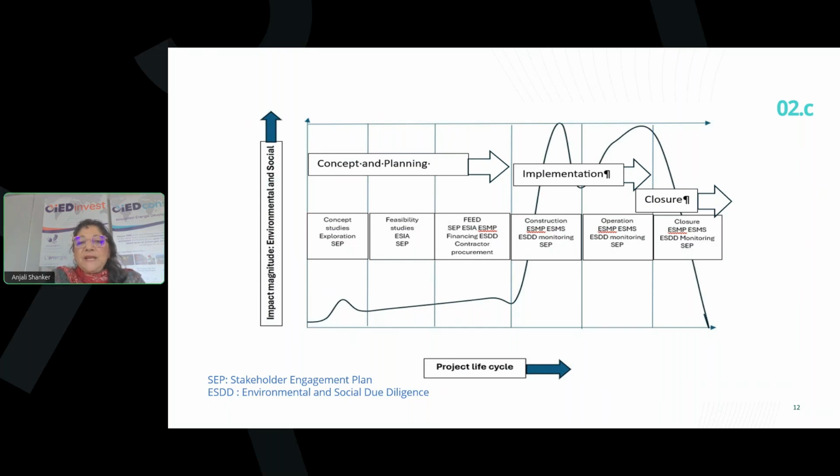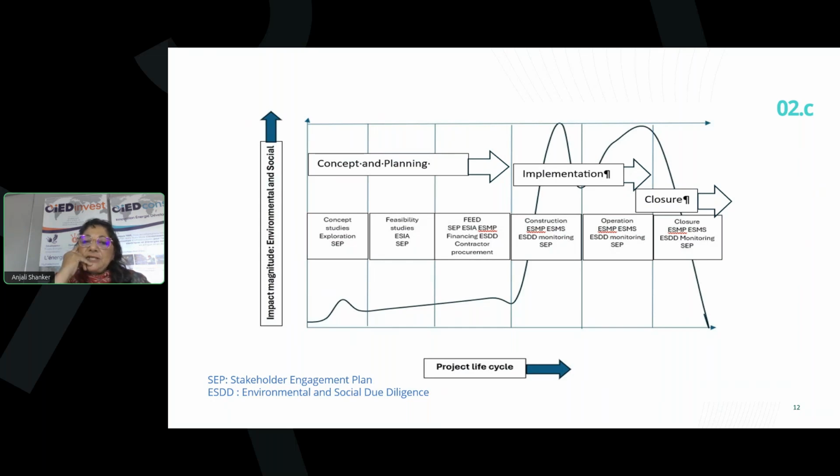So what we find is that if right at the concept and planning stage, one has a comprehensive stakeholder engagement plan, this really makes all the implementation stage so much easier. So this is really one of the big convergences between impact and development of mini-grid and the ESG approach.